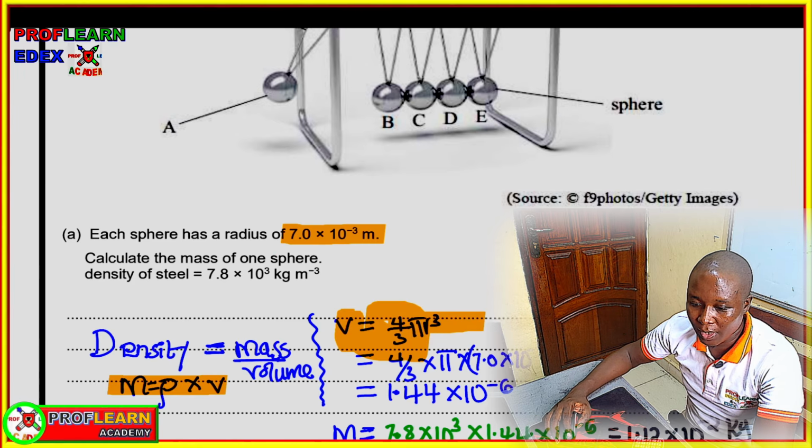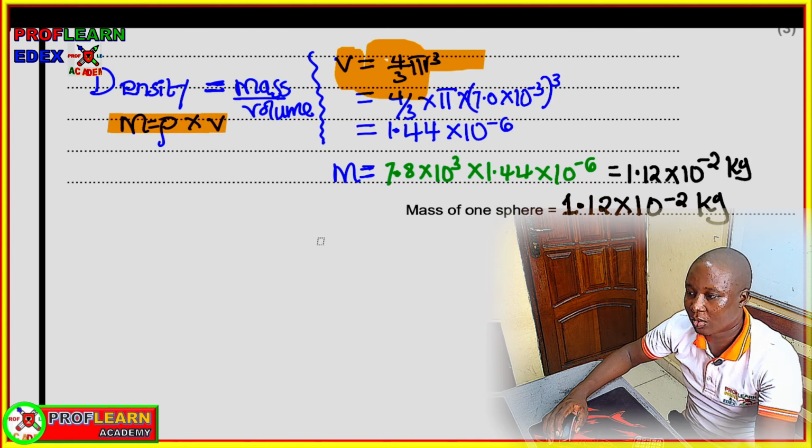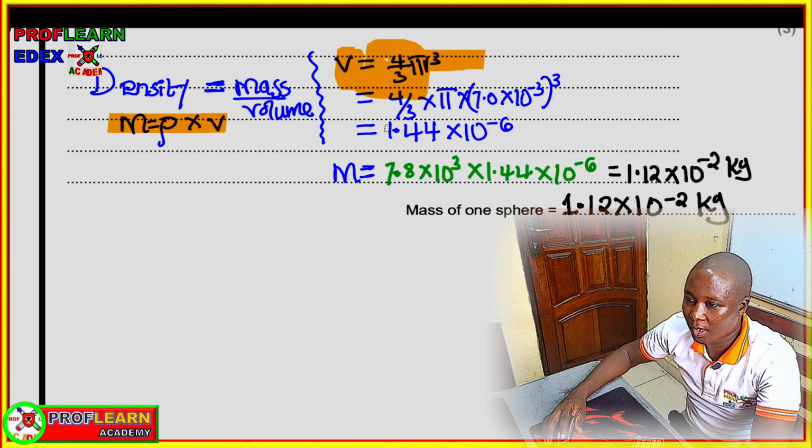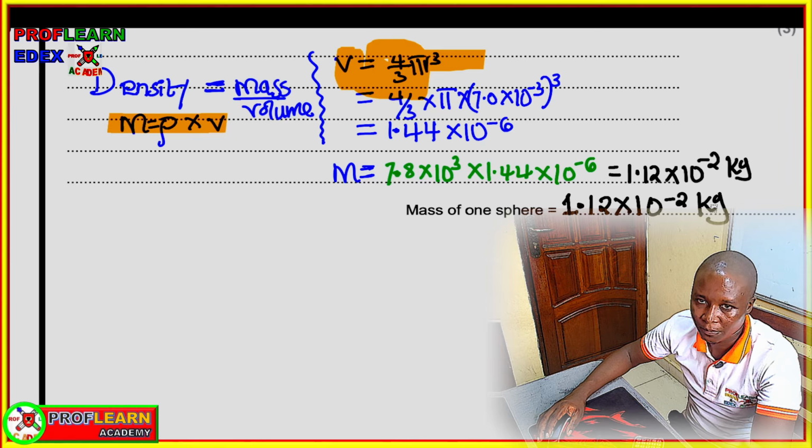So don't make the mistake of not checking the units of measurement, and whether it's a diameter or radius. That's where most students get it wrong. Once you work out the volume, we get it like this, and then mass is equal to density times volume, which we are going to get as 1.12 times 10⁻² kilograms.